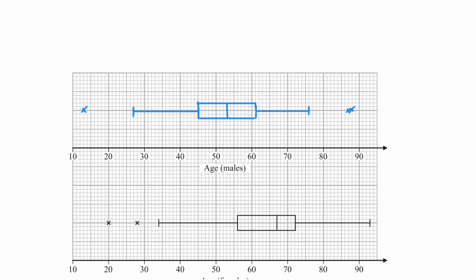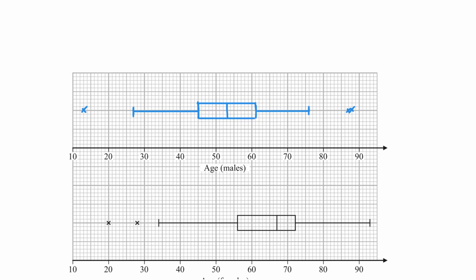Now, part E just asks you to compare the two box plots. It's not really important, it's only worth 1 mark. There's lots of different options, and all you need to do is, as the question says, when you comment on the distributions, state the values of any statistics you use to support your comment.